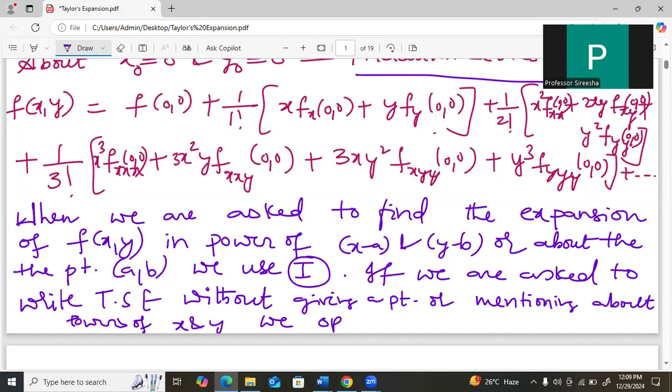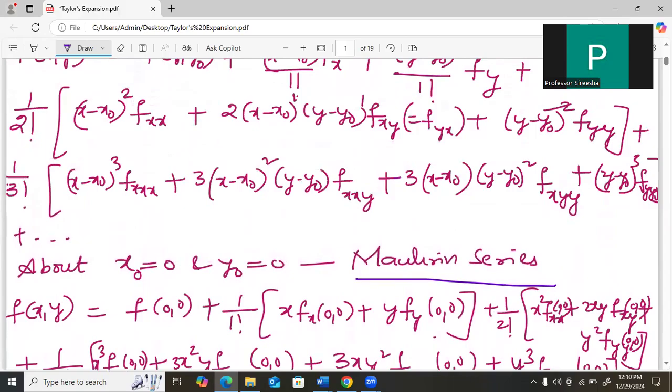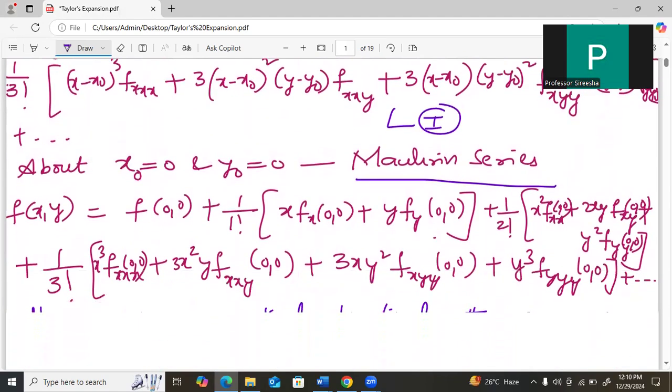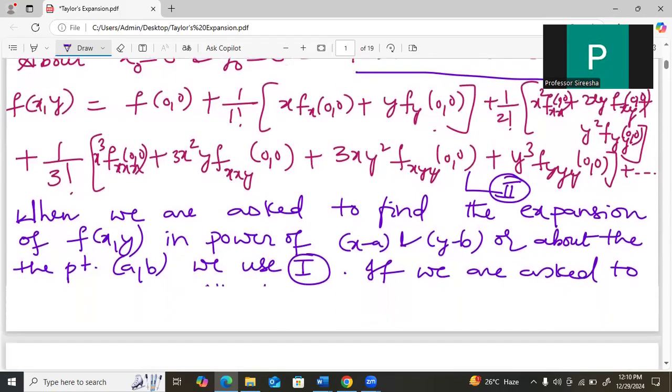We opt for the second formula. Okay, I'll write so that you have no confusion about what is 1 and what is 2. See, this is my first formula, guys. And this would be my second formula. Clear? Okay, yes.